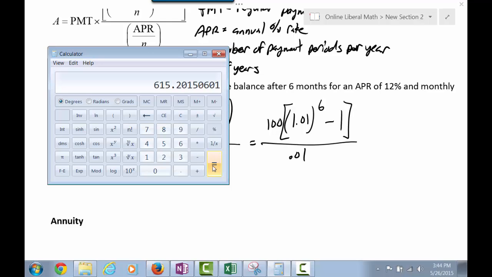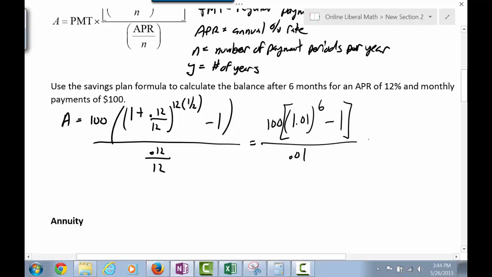And I end up with 615.2. So at 12% a year, if I let it sit there for 6 months, and I keep putting in $100 a month, then I'd have $615.20.